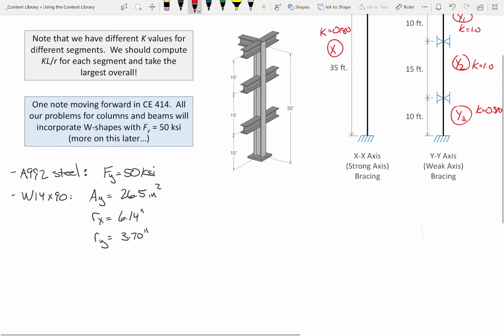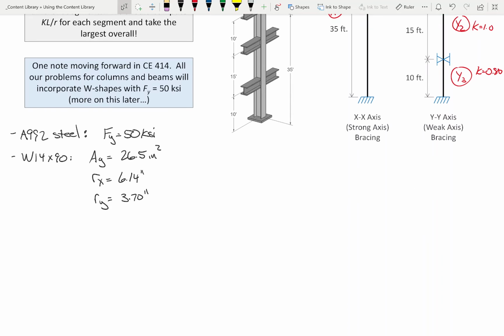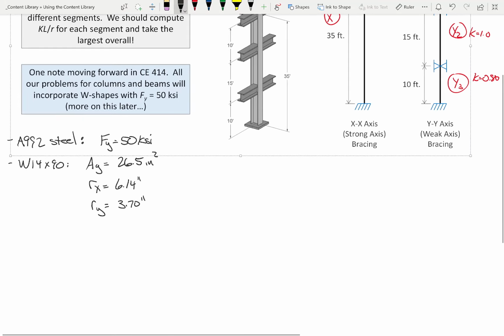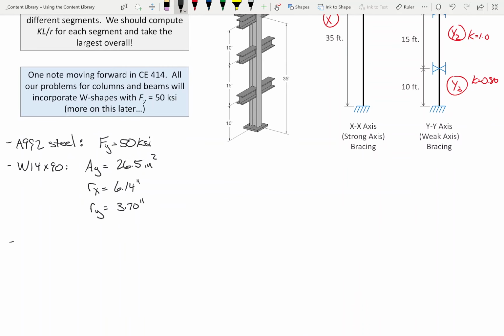If that's the case, now what we're going to do, if it's okay, I'm going to scroll a little bit, so I have some room to do this. I'm going to find worst case KL over R. Now, remind me, how many segments do I have? I have 4, right? I have an x-axis, and then 3 along the y.